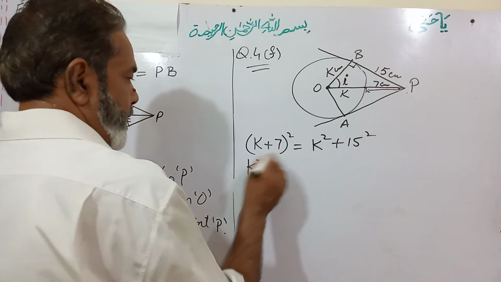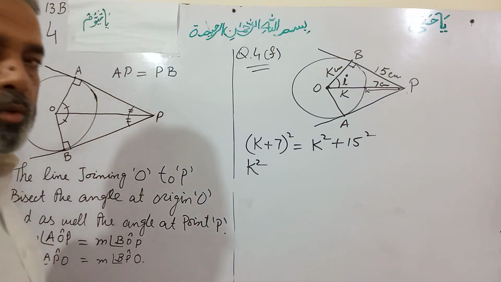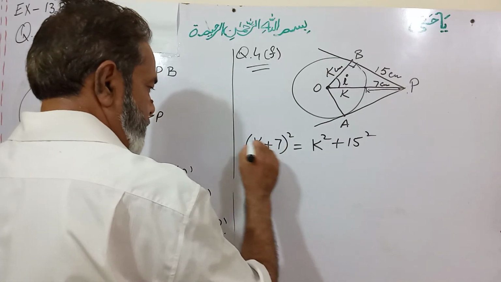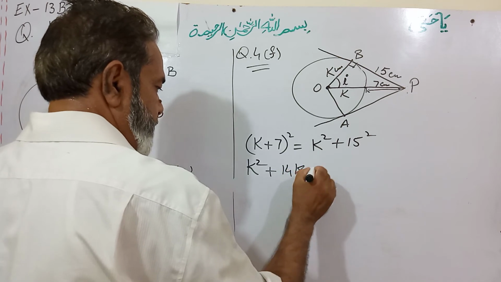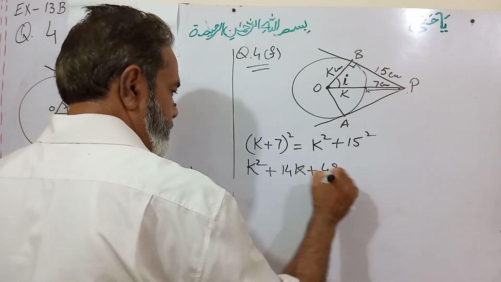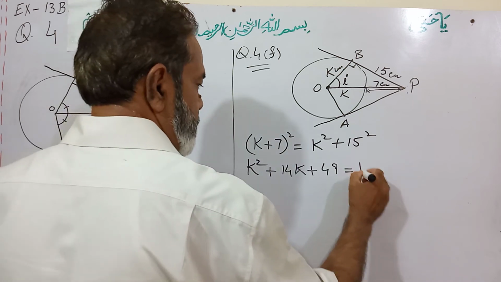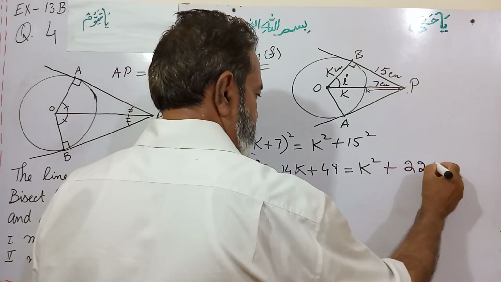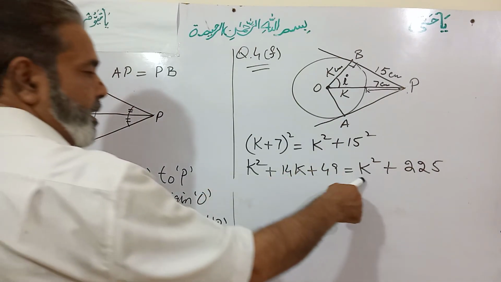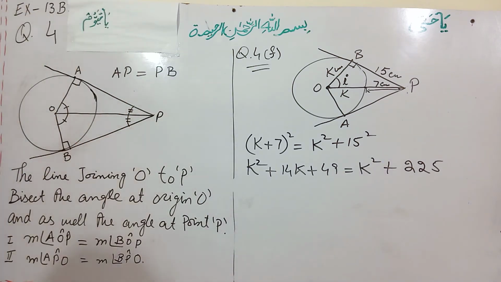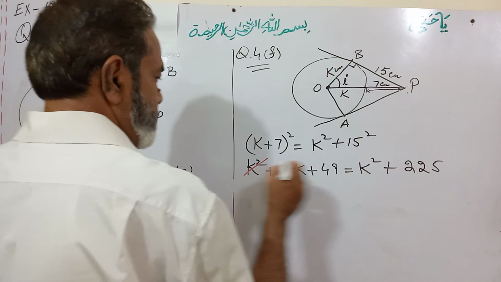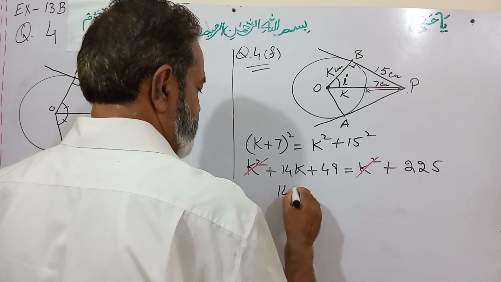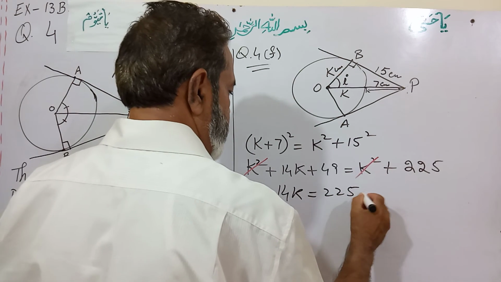K square, apply the first identity, (A plus B) whole square is equals to A square plus 2AB plus B square. 2 times 7 is 14K, plus 7 square is 49, equals to K square plus 15 square, 225. So this K square will be cancelled out with K square. 14K equals to 225 minus 49.